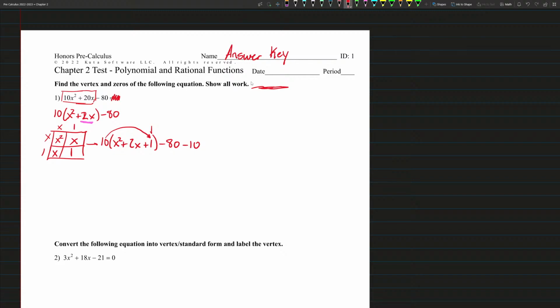Then in order to actually make this vertex form, we have to factor this thing inside, which we already did here. The factors of this are x plus 1 times x plus 1. So we have 10 times x plus 1 squared minus 90. And then this is in vertex form. So our vertex here is negative 1, negative 90.